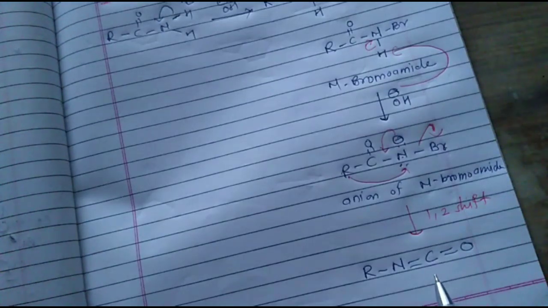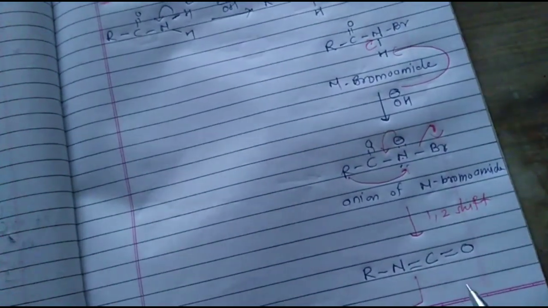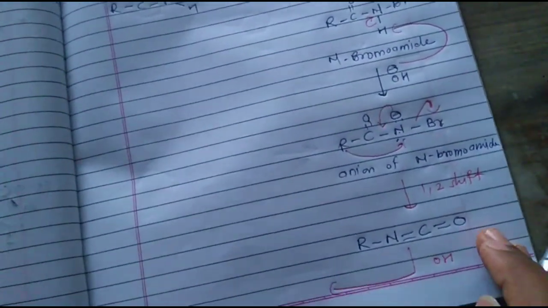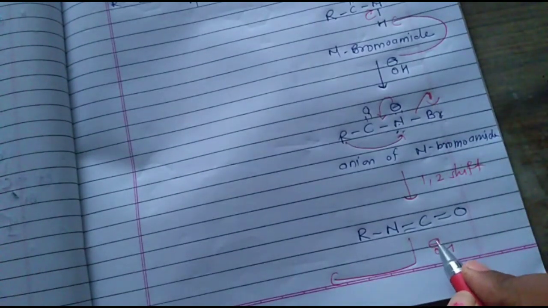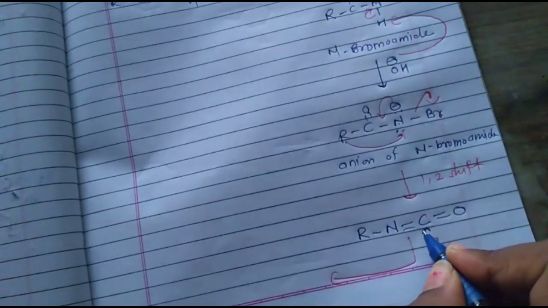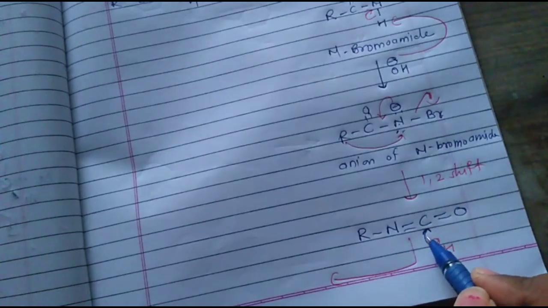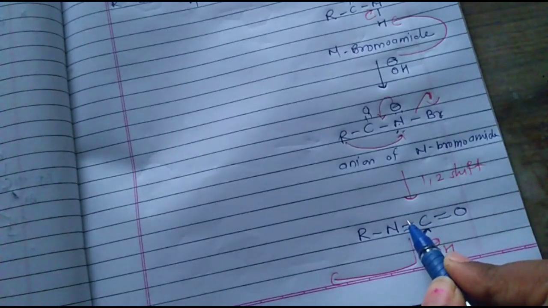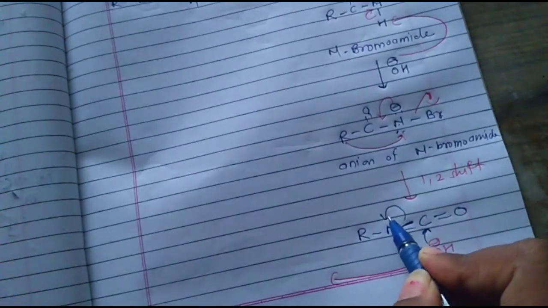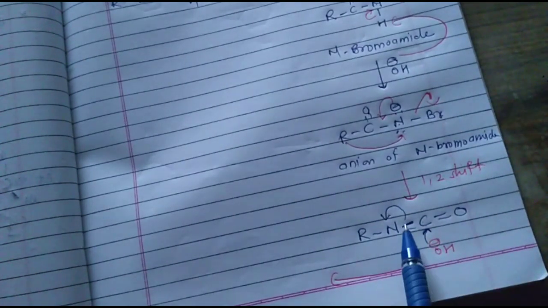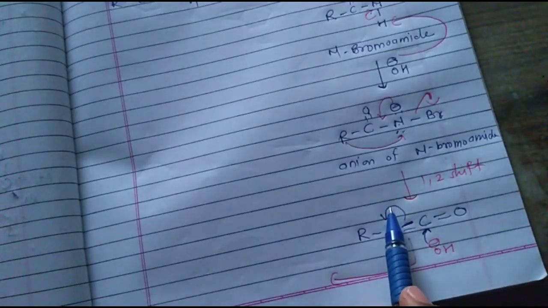The next reaction is another attack of OH minus. This OH minus attaches to the carbon, increasing the valency of the carbon, so the electrons of this bond are shifted toward the nitrogen, and the nitrogen gets a negative charge.